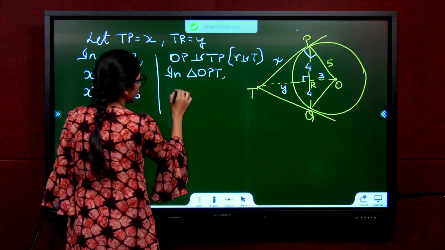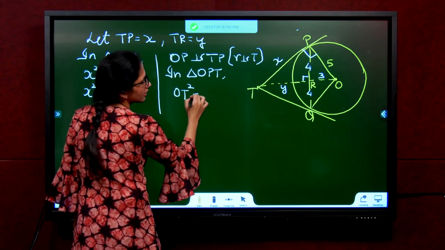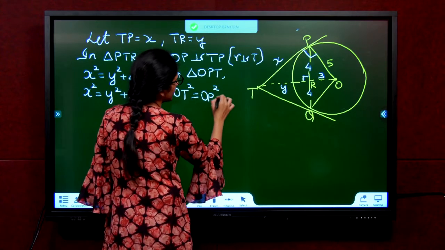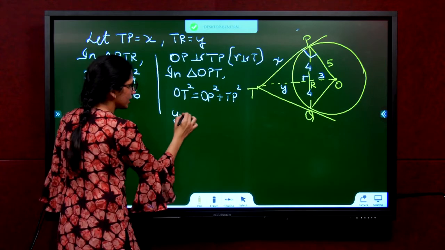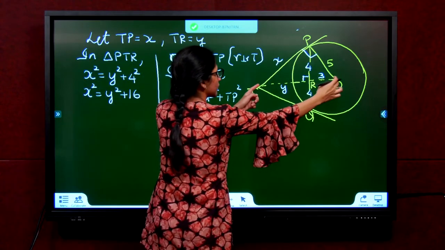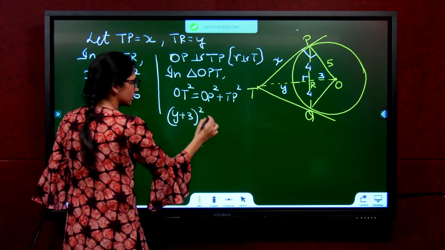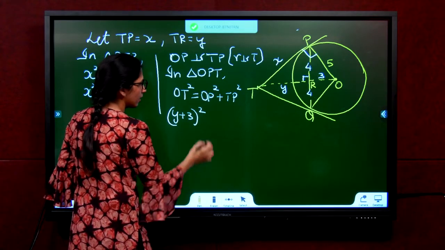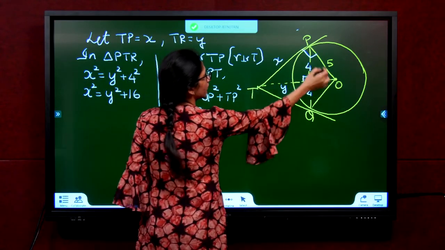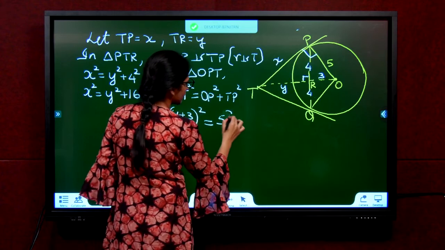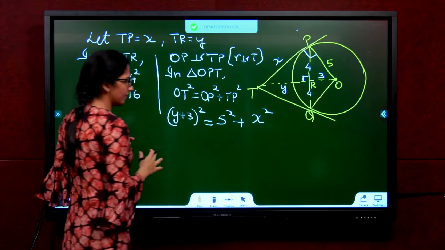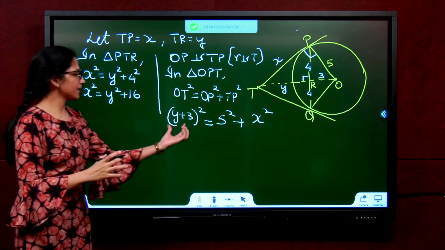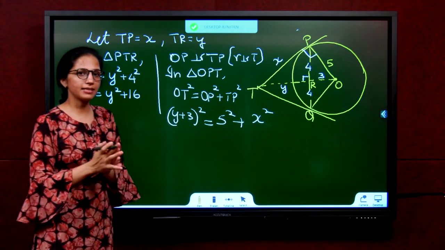OT. So OT square is equal to OP square plus TP square. What is OT? Y plus 3. This is Y, this is 3. So Y plus 3, the whole square, is equal to OP square. OP is 5. 5 square plus, what is TP? X. I hope it is clear here. Y plus 3 the whole square is equal to 5 square plus X square.